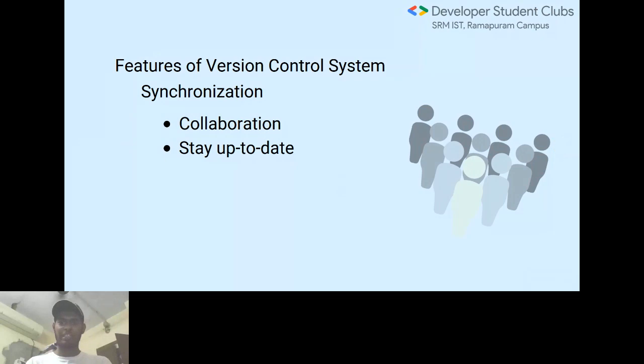It needs more than 100 to 10,000 or more developers, and more changes need to be implemented. A version control system allows many developers to edit the project, and each of them can stay up to date.